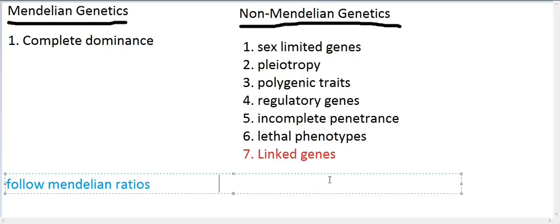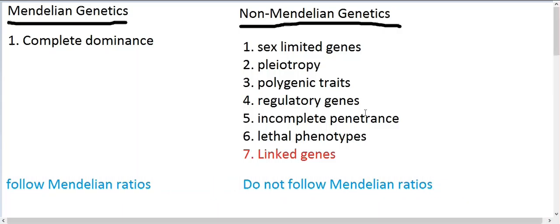When you get to here, they don't follow. Mendelian ratios. Do not follow Mendelian ratios.